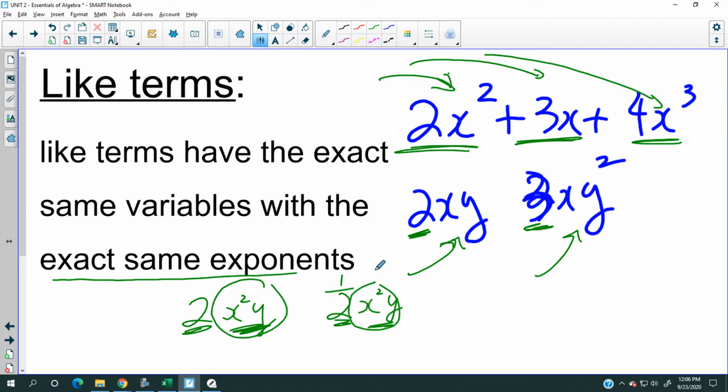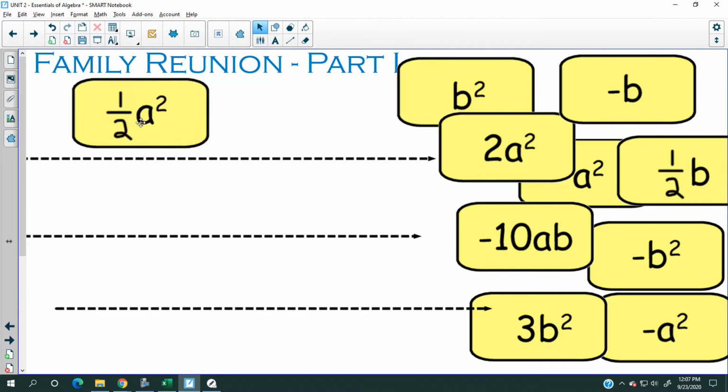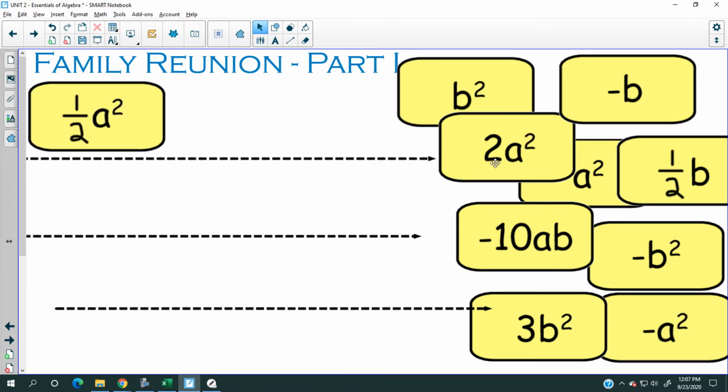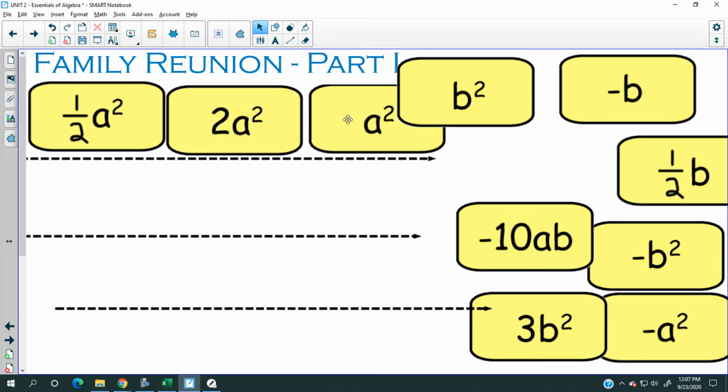Okay, so with that said, what does this mean then? Looking at here, typically this would be an activity in class. We can separate these by different families. So for example, these two are in the same family, so is this, so is this.